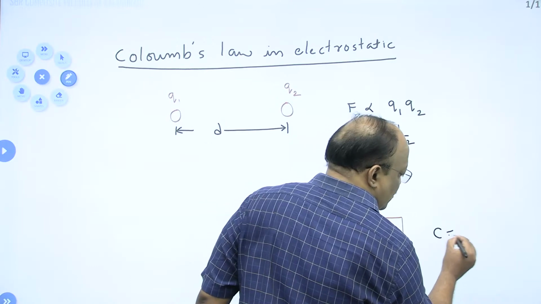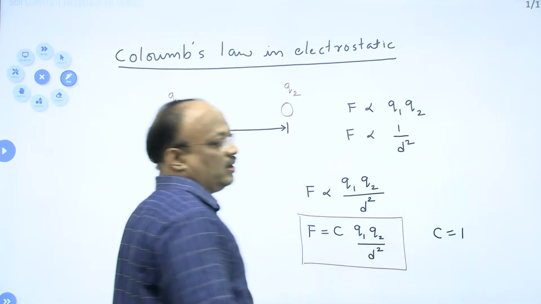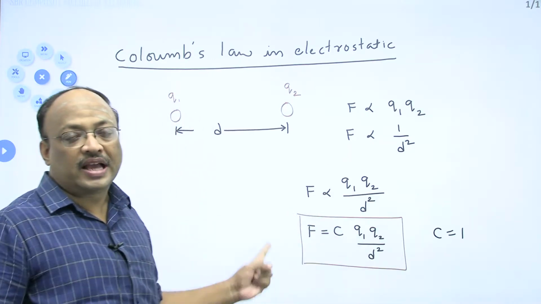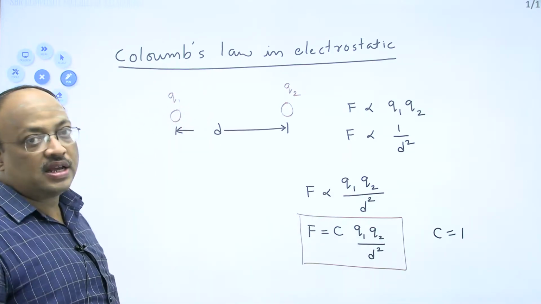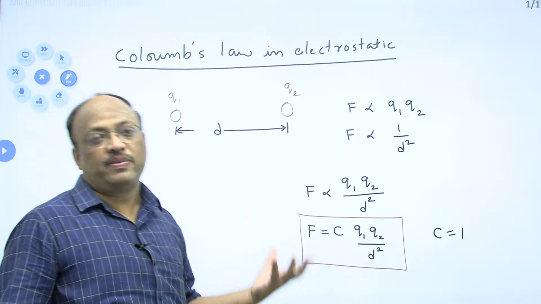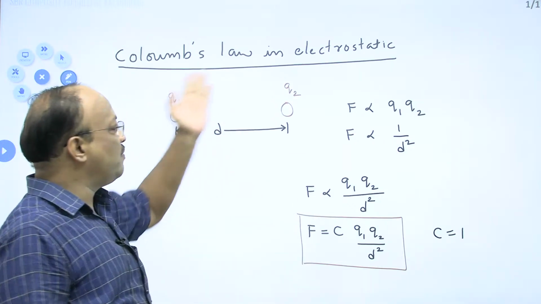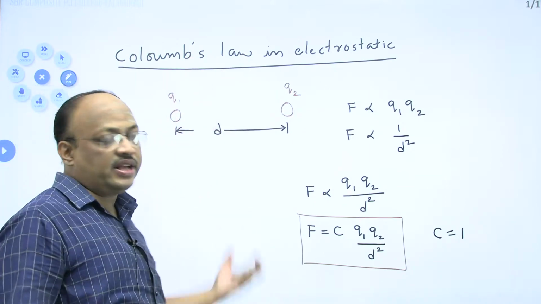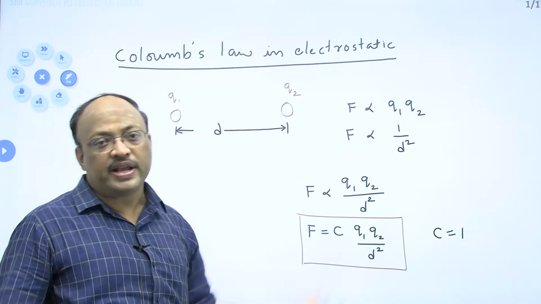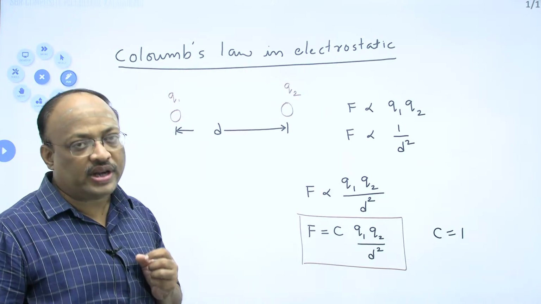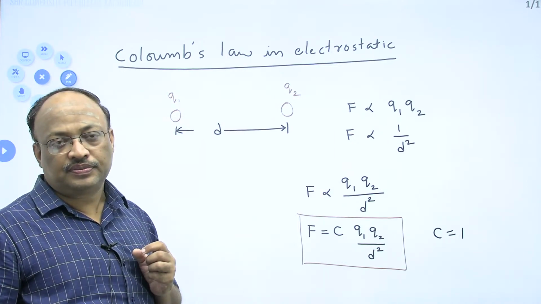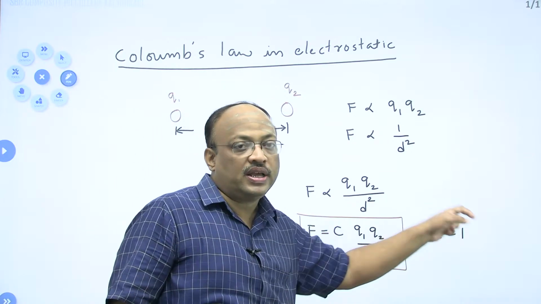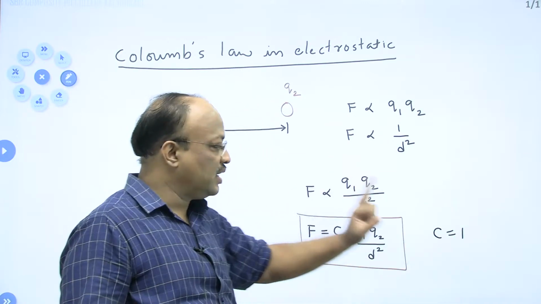in CGS unit is equal to 1, because when he derived this expression by conducting many experiments with different magnitude charges in different conditions in different media, he took this proportionality constant as equal to 1.